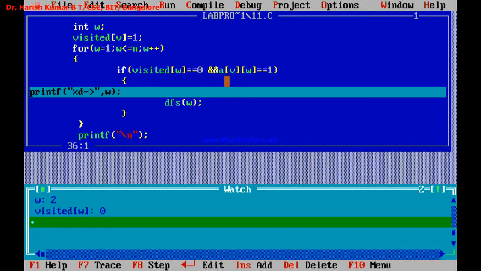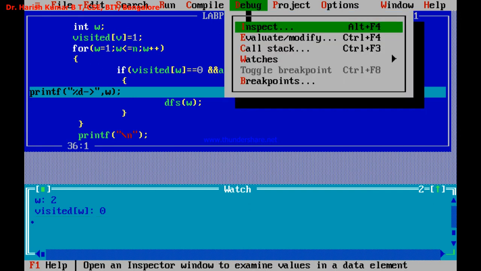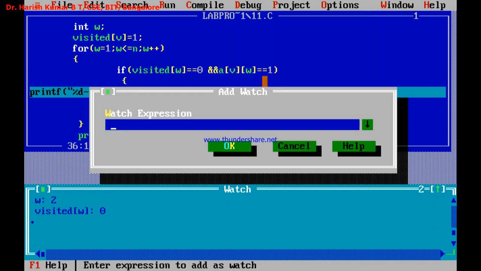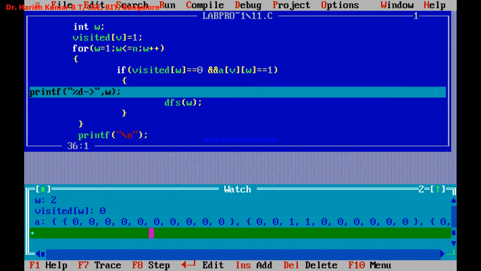Let us add this A also, the adjacency matrix. See, A I have added.